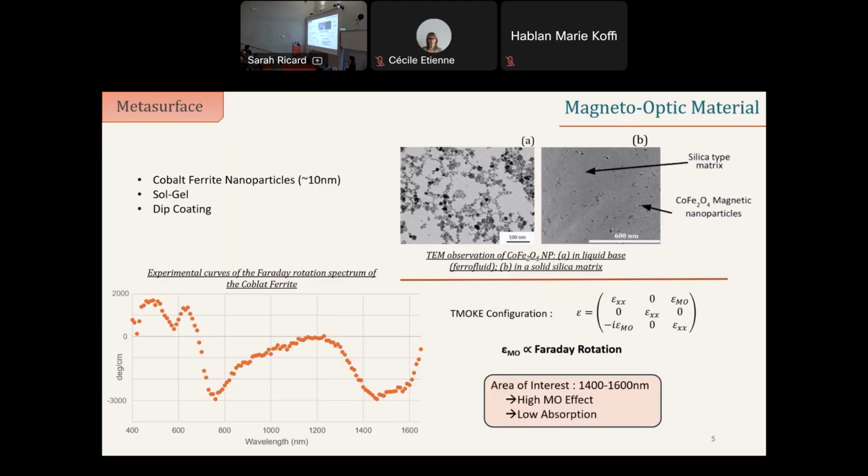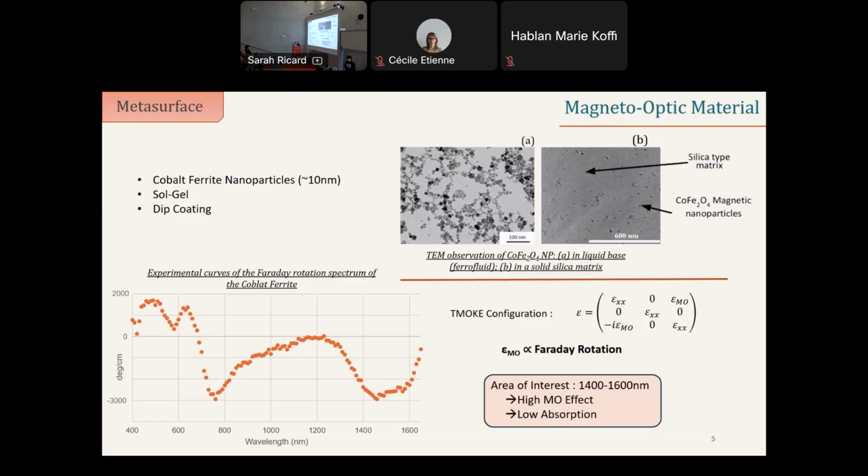And also in infrared, we have low absorption in comparison to the visible one here. So we will try to have a structure with a resonance around this area of interest.